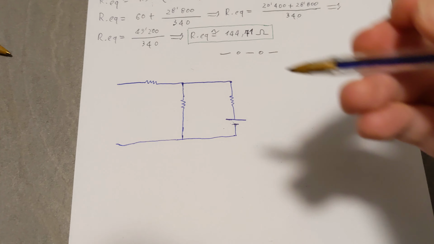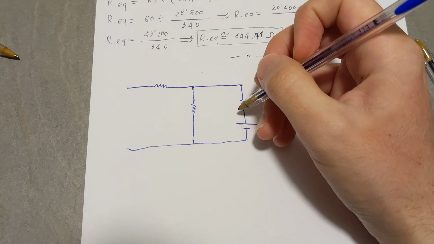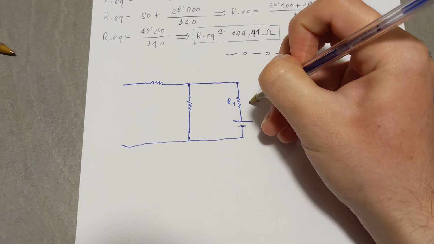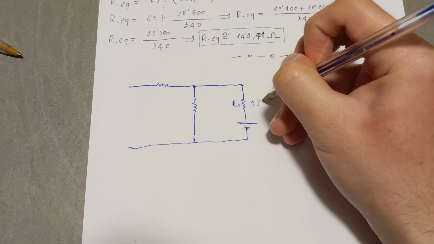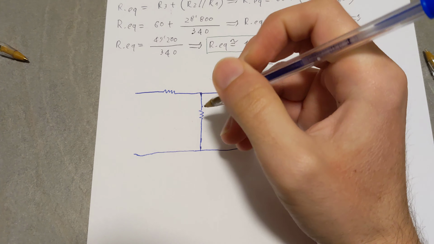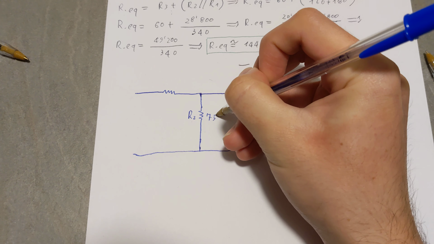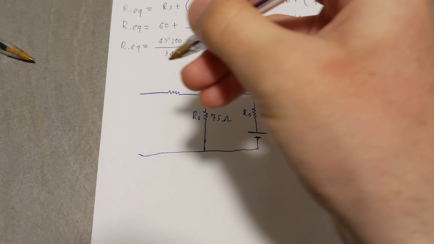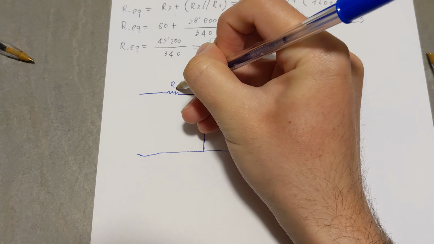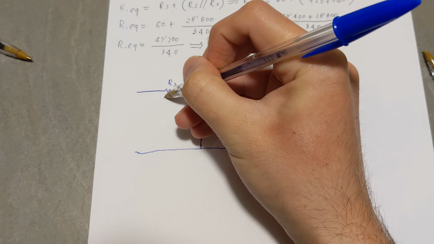Okay, so this one is going to be our R1, resistance 1 is 150 ohm. This one is going to be our R2, 75 ohm. This one is going to be our R3, 75 ohm.